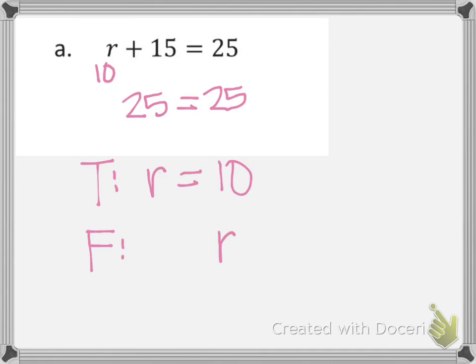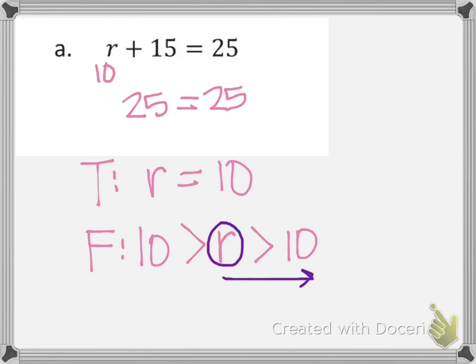This statement is false when r is greater than 10, and it's also false when r is less than 10. And remember, we talked in class about reading from the variable. So if I start with the variable r and I read in this direction, I get to the big part of the sign first, so it means greater than: r is greater than 10.